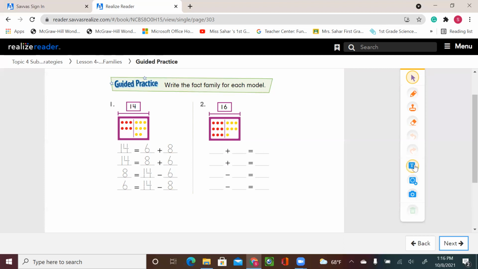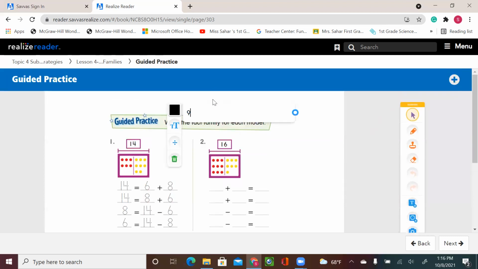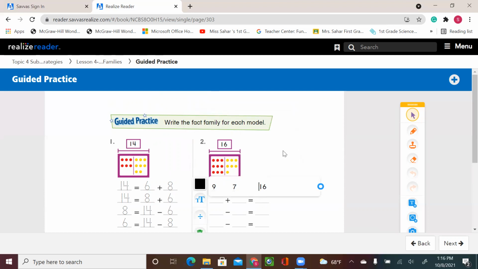So let's write this. 9 plus 7 equals 16. So let's put it down. Okay, so that's my red counters. 9 plus the 7 counters, the yellow, equals 16.